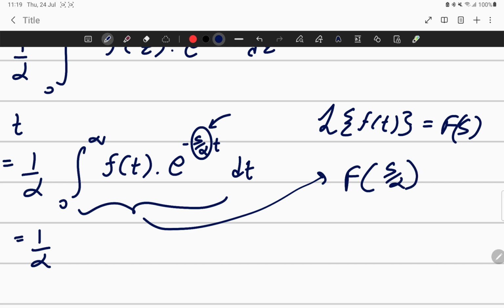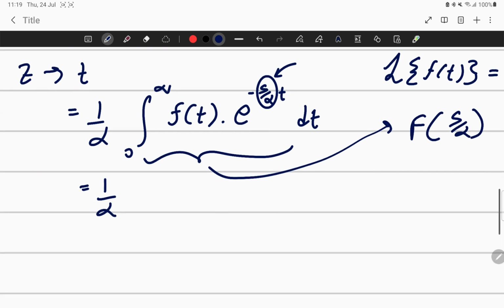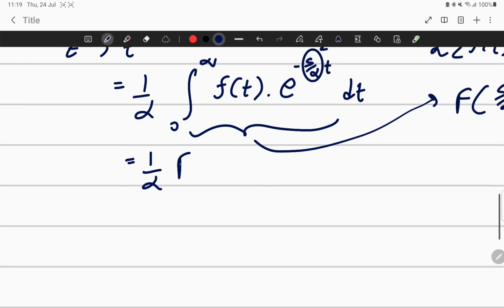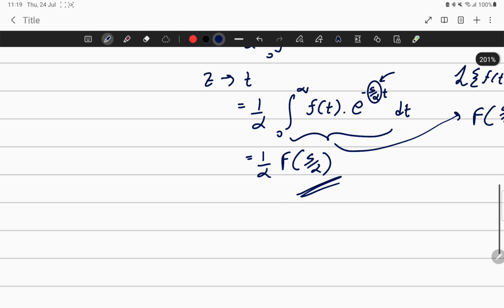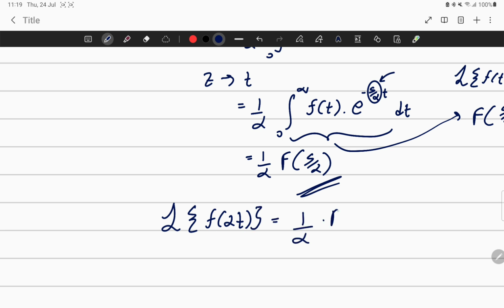So I have basically proved this one: the Laplace transformation of f(αt) is equal to 1 over alpha times F(s over alpha).